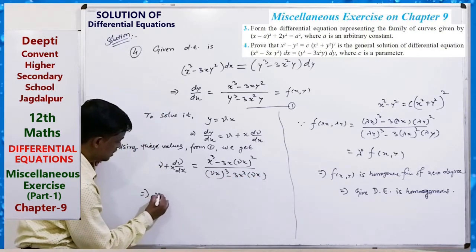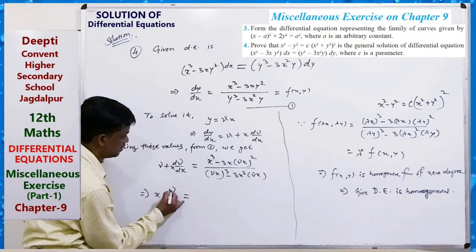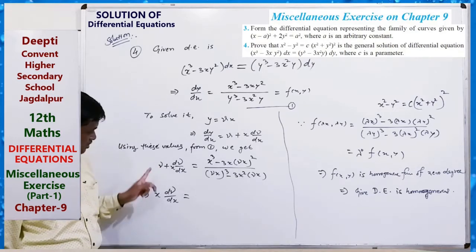So we see that x dv by dx is equals to, v is transferred to the right hand side.